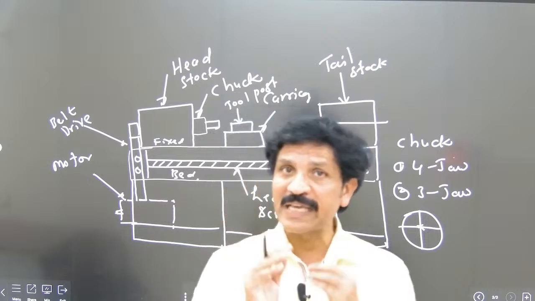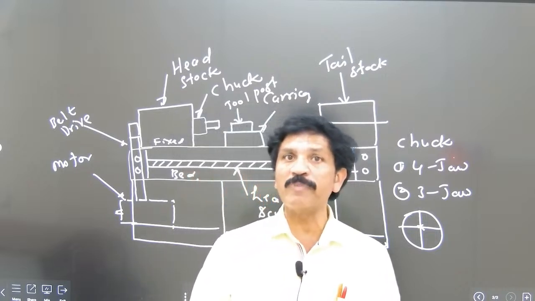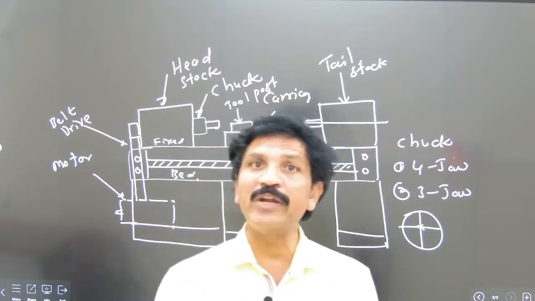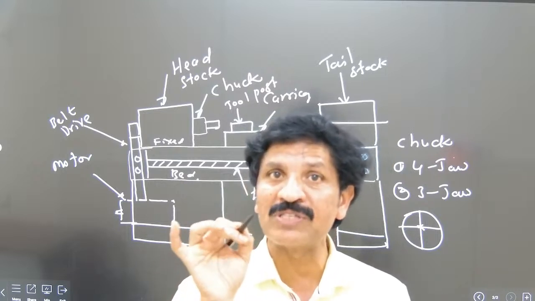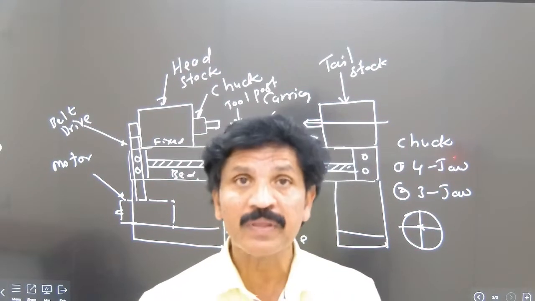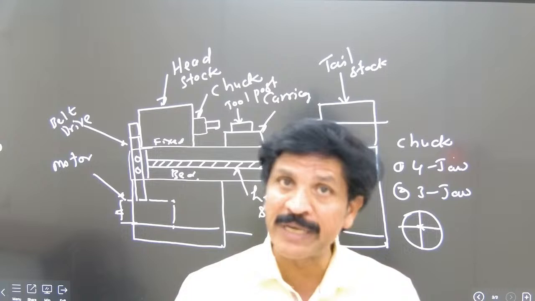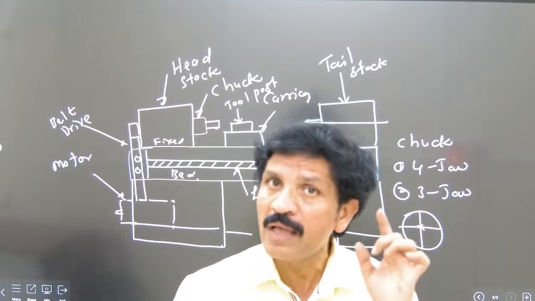If it is aluminum, it is a soft metal. Soft metal means it has to rotate at the lowest speed while the tool interacts with the surface of the workpiece. Because it is a soft material, the workpiece has to rotate at the lowest speed.